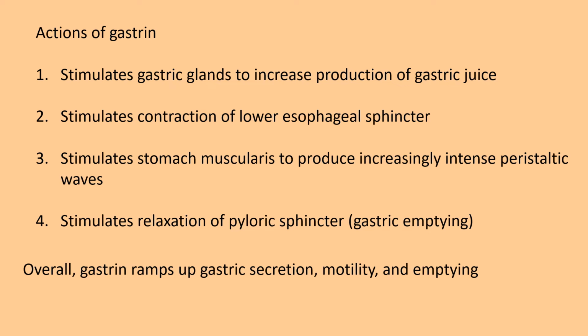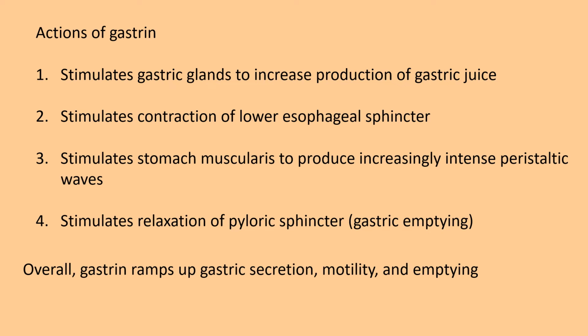Now we're talking about the action of gastrin, and gastrin will cause those gastric glands to increase their production of gastric juice. Gastrin will also influence the lower esophageal sphincter, that ring of smooth muscle that occurs between the esophagus and the stomach. It causes that sphincter to contract, to sort of seal off the stomach and to prevent the contents of the stomach from moving up into the esophagus. So it has a protective effect.